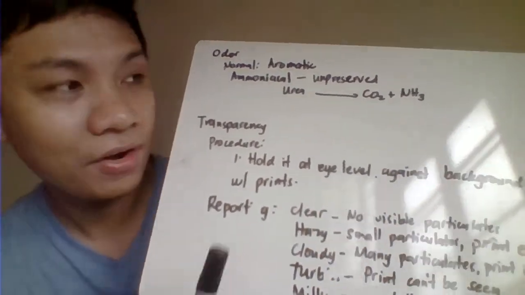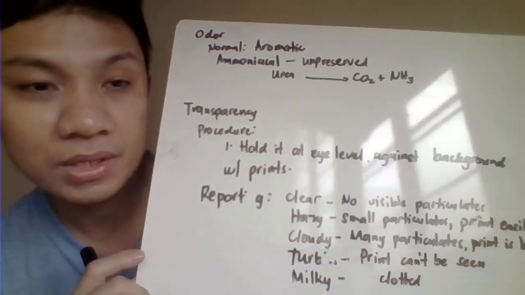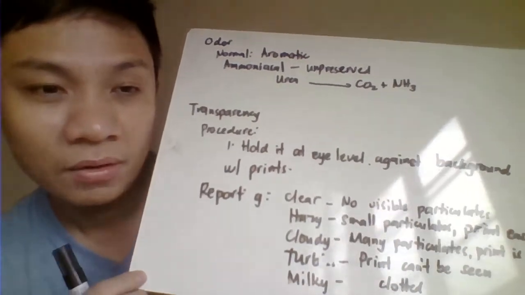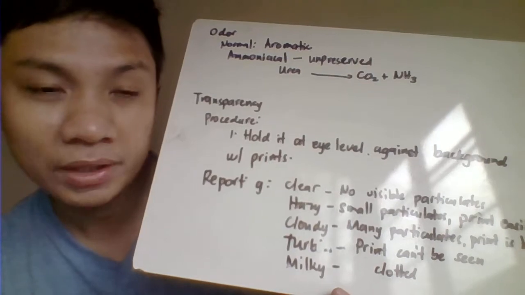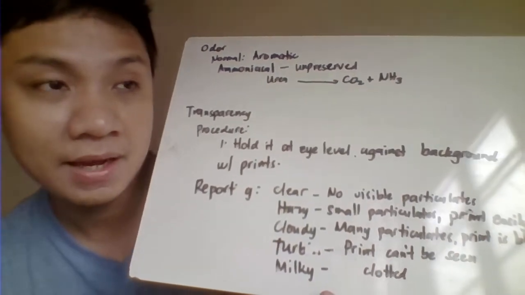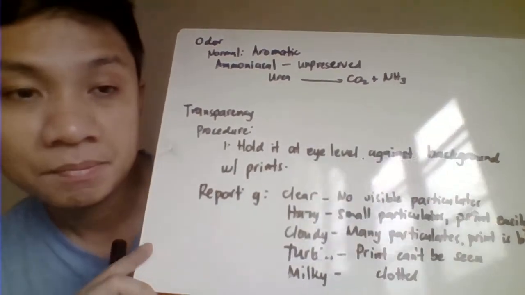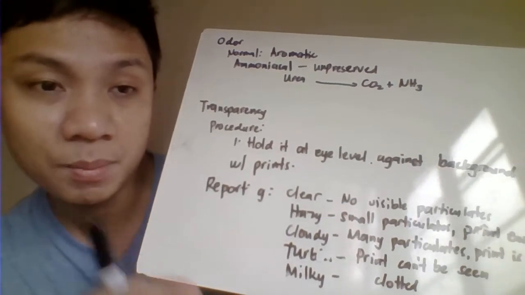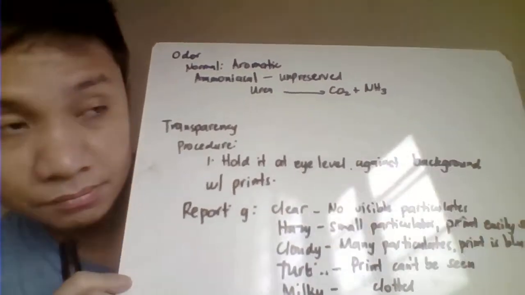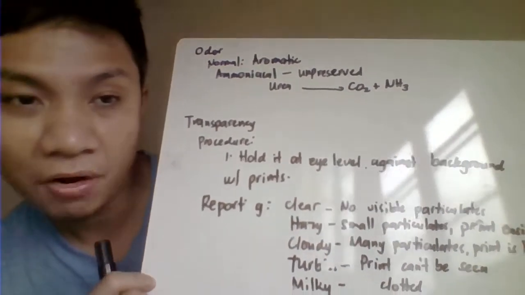But then again, noting the odor of the urine provides us with information as to what condition is related to it. For example, inborn errors like metabolic disorders have characteristic odors. Although you are not reporting it as part of your result form, you can tell the physician if there are atypical odors.